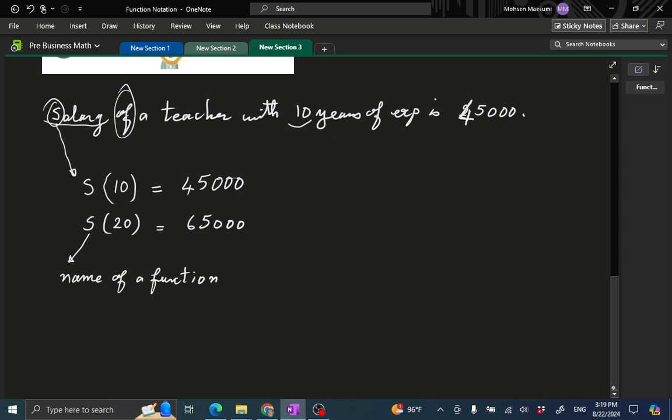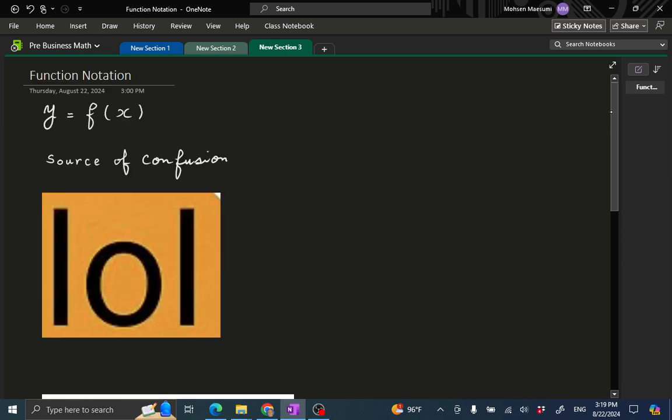Mathematical functions are all generic. They are not related to anything, and they don't need to be related to anything. So these letters Y and X that you see here, they were kind of a fixation of mathematicians since the time of the French mathematician by the name of Descartes. He just popularized this idea of let's use the letters at the end of the alphabet for our variables and so on.